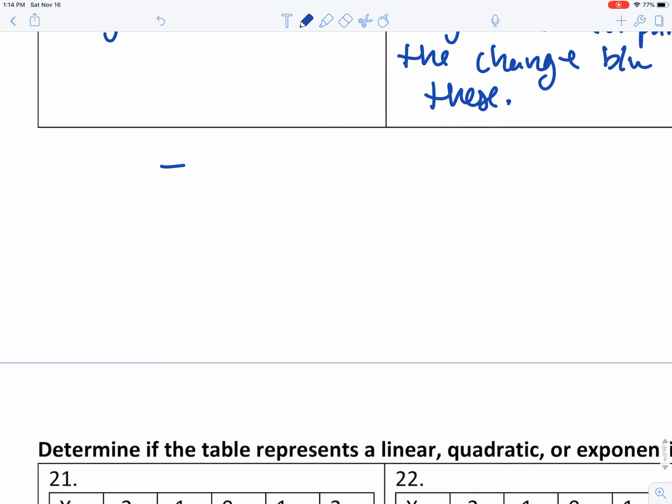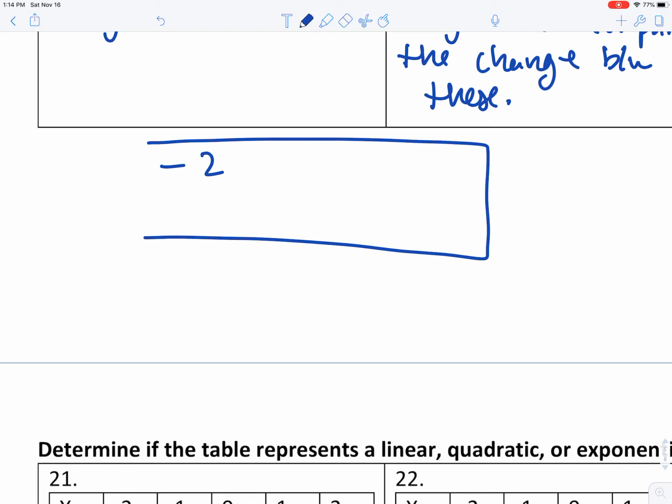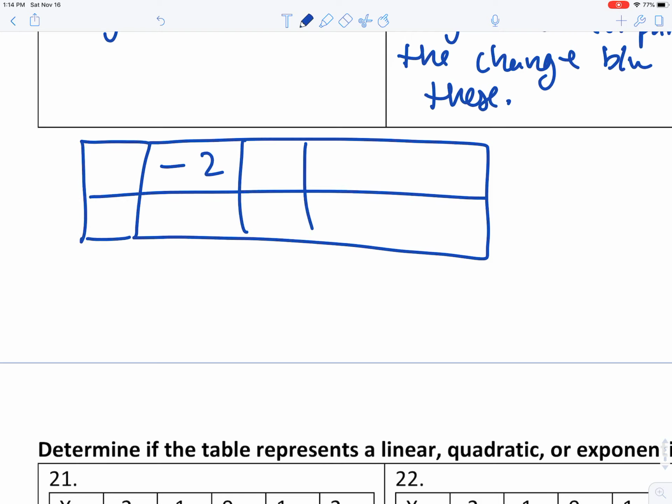Let's say negative 2, where this is x, this is y. Negative 2, negative 1, 0, 1. Okay, and then say I've got, let's see, negative 4, negative 1, 0, negative 1.